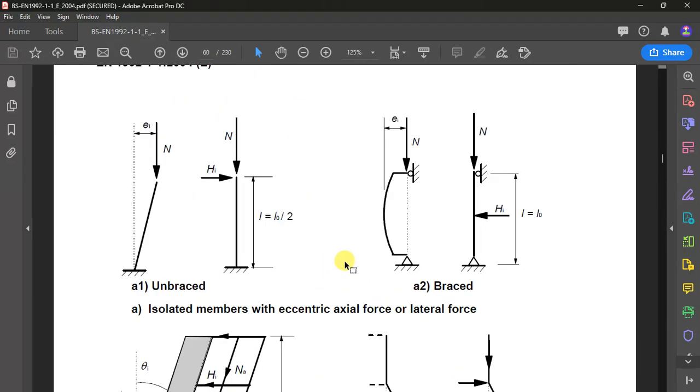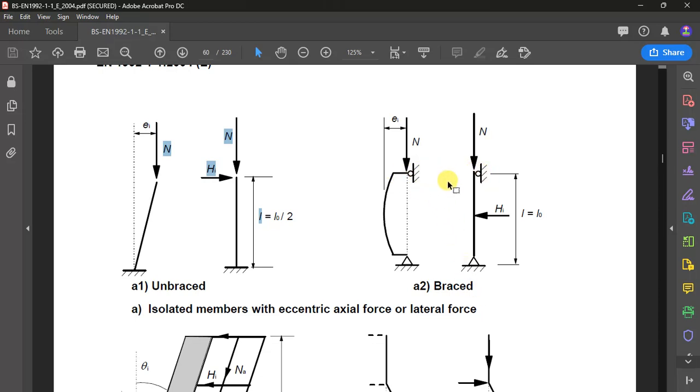Are you seeing this? Yes, I can see. This first option is considered unbraced. On the top, it is not fixed. Whereas the one that is fixed on top is considered braced.